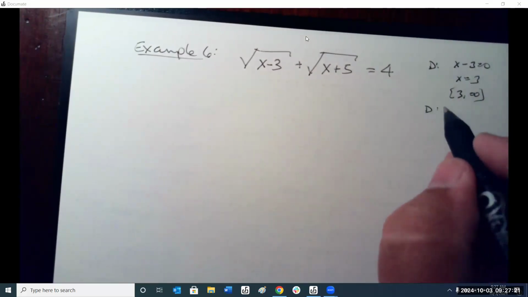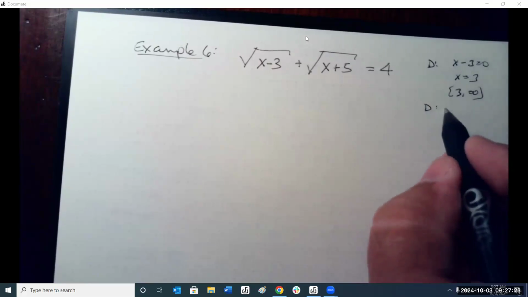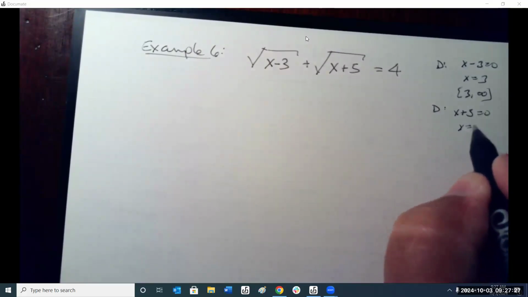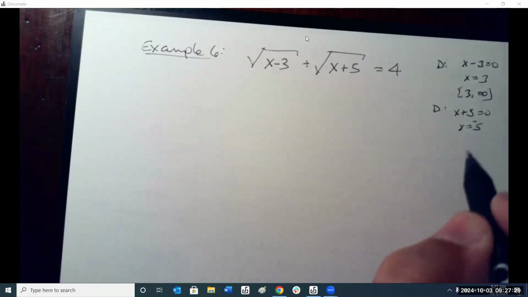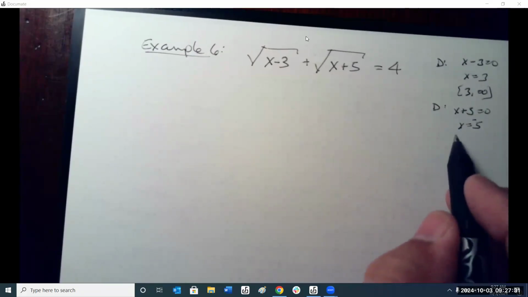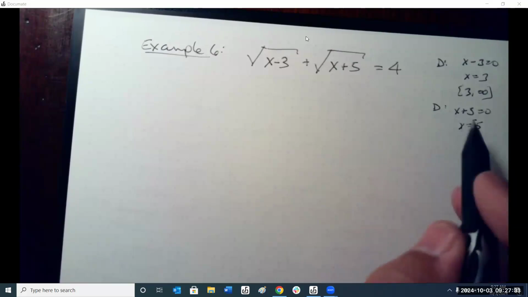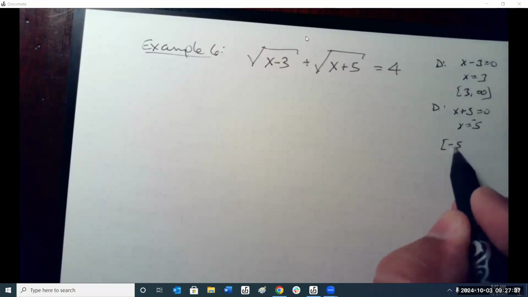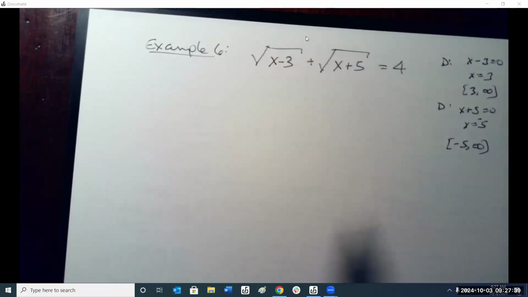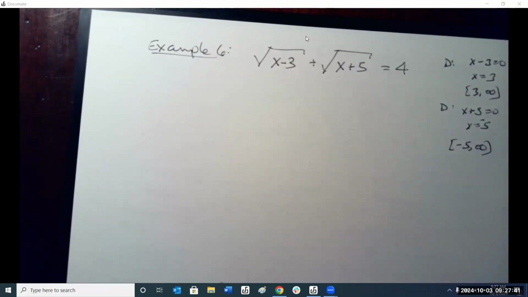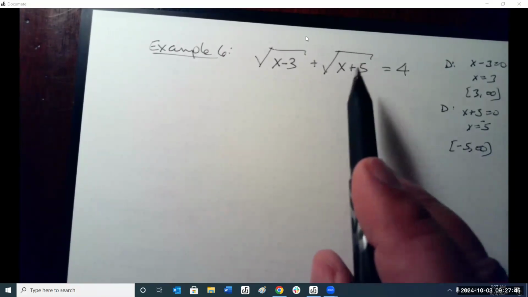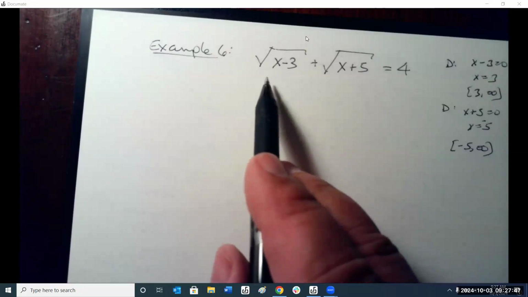And for the second one, I have x plus 5 equals 0, so x equals negative 5. So for the second one, I have to have all of my x's bigger than negative 5. So can I use a negative 4? Yes, in that one, but not in that one.